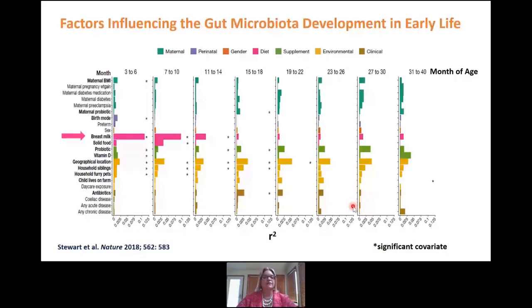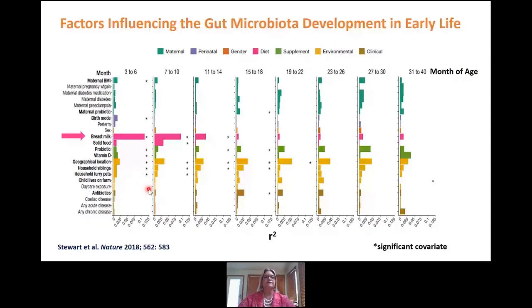This is another figure from the Stewart paper. Looking at these ages across the top, he divided the potential covariates into maternal, perinatal, gender, diet, supplement, environment, and clinic. You can see the color coding here, and the asterisk shows which are significant covariates.